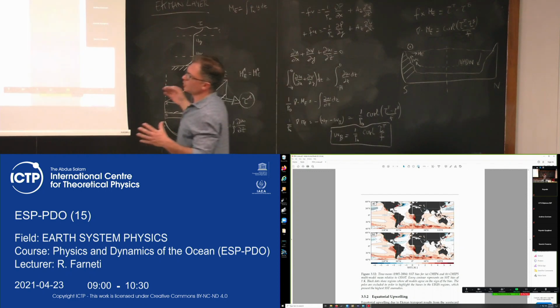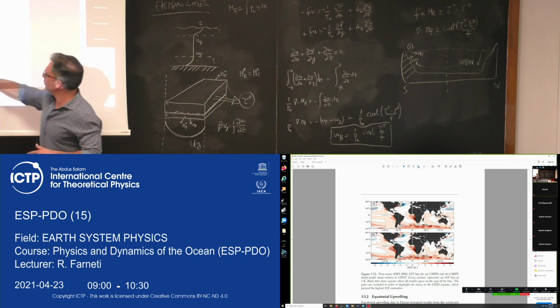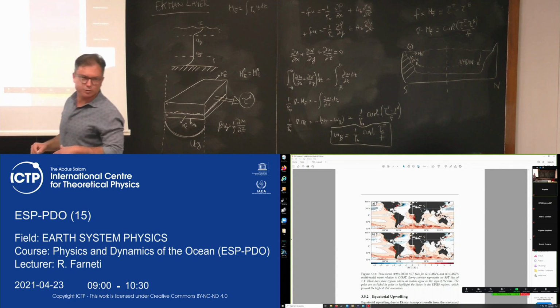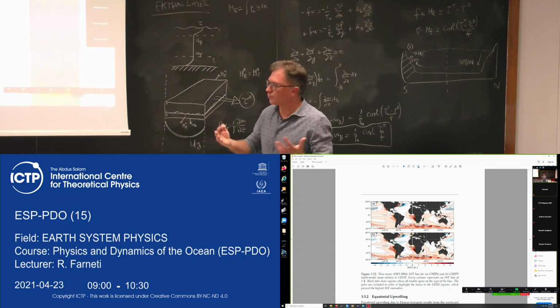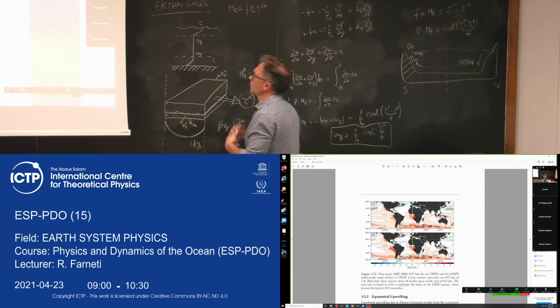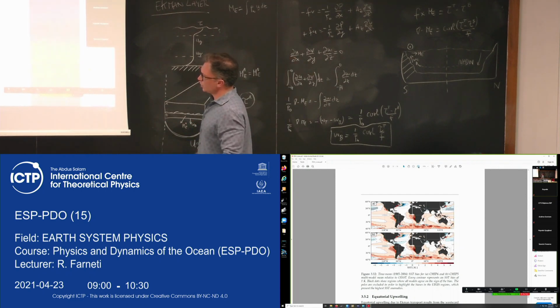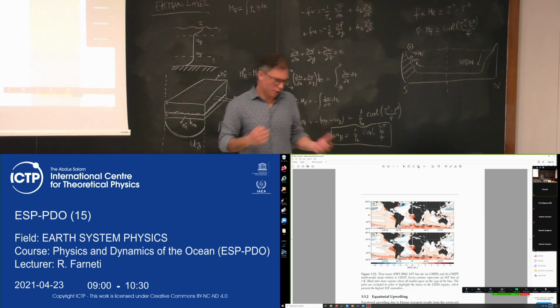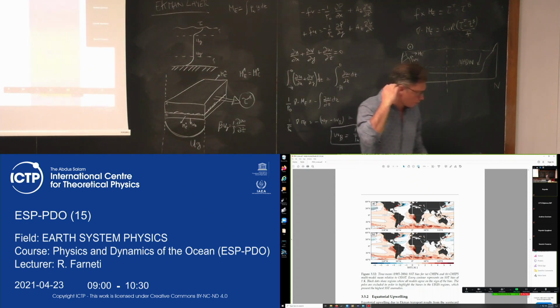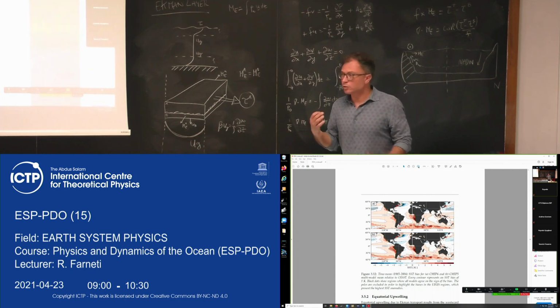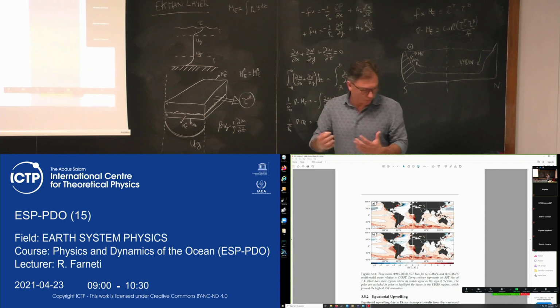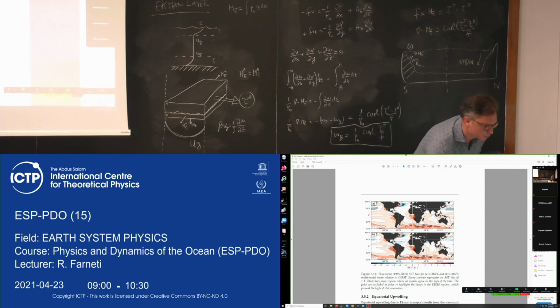I think there's something like 80% of fishes are caught in these three regions, okay, because of this large-scale upwelling. A lot of nutrients are brought up to the surface, photosynthesis, and lots of fishes and lots of fishermen. So it's very important for society, for biology, but also for the physics of the ocean, and also for the physics of ocean-atmosphere interactions.